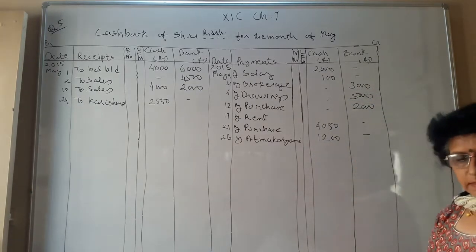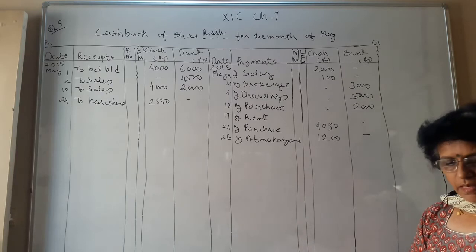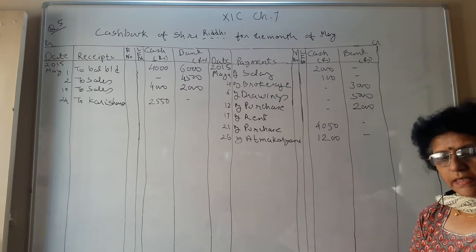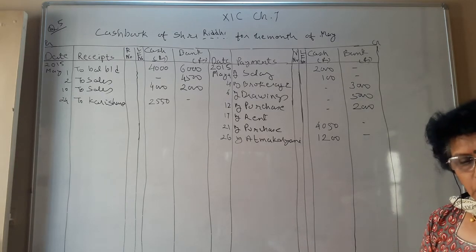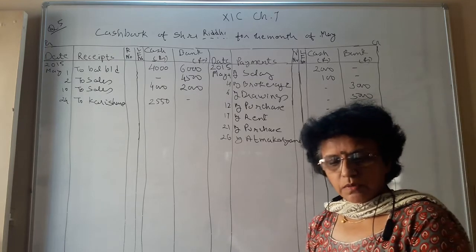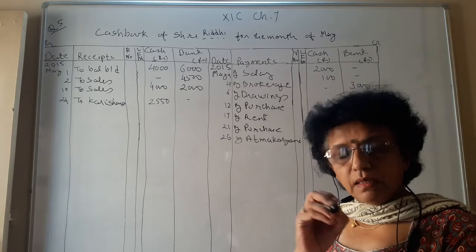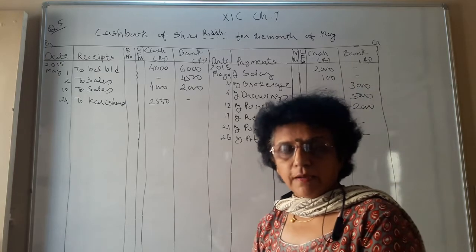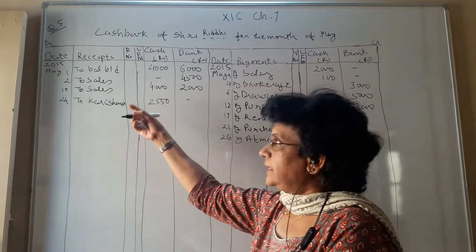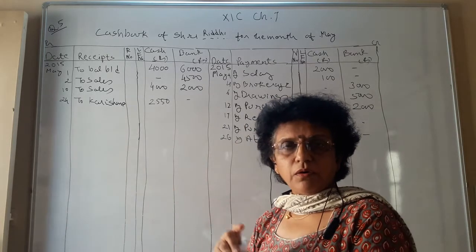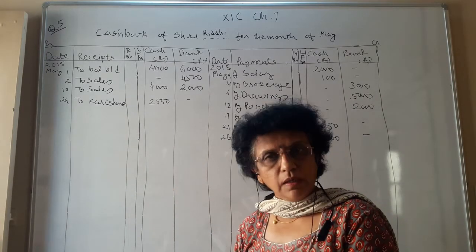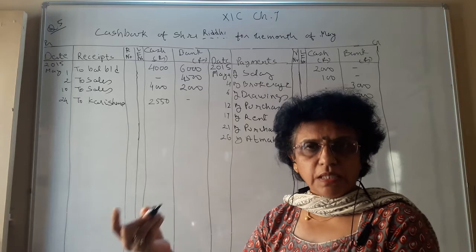So all the transactions are recorded. Now let us see on 29. Janvi issued a check of 3,000 which is immediately deposited in the bank. Here the trader has issued a check. So we are not going to write it as a sale, but we will record the transaction with the name of the trader, because Janvi is our debtor.